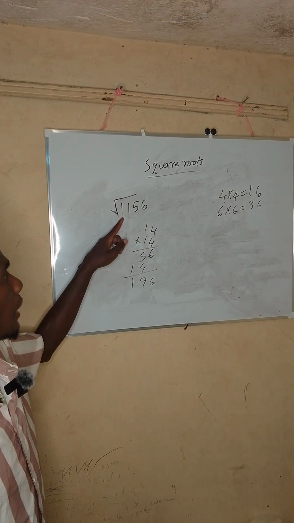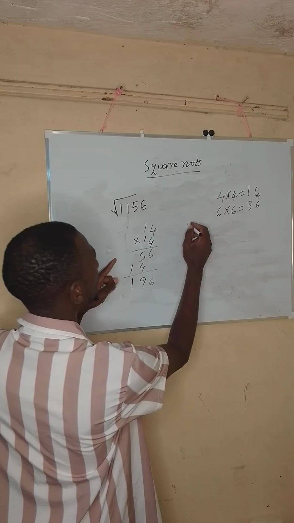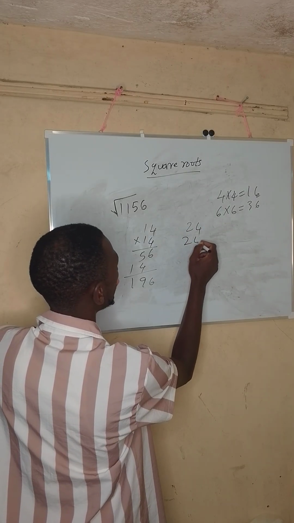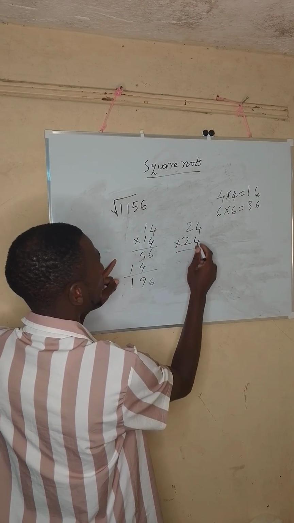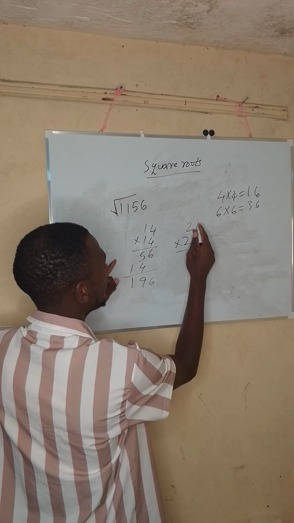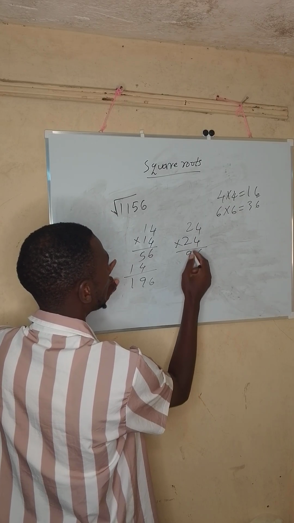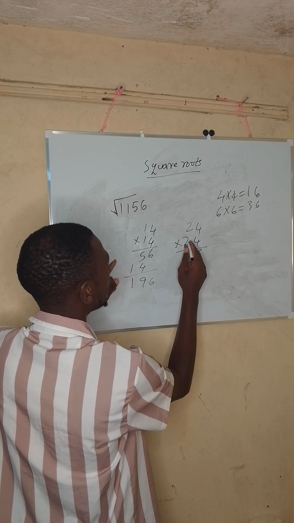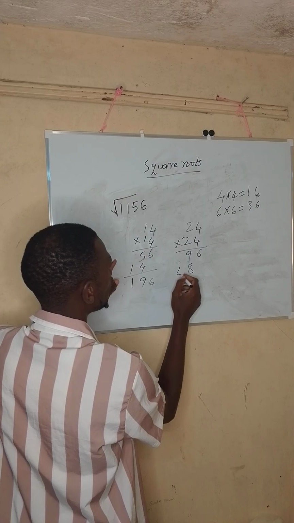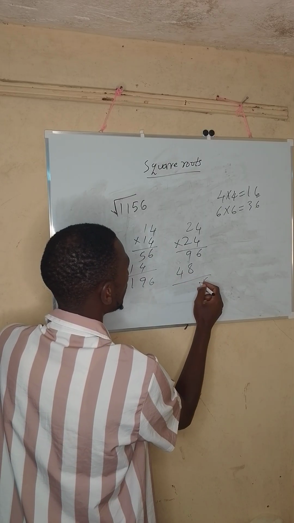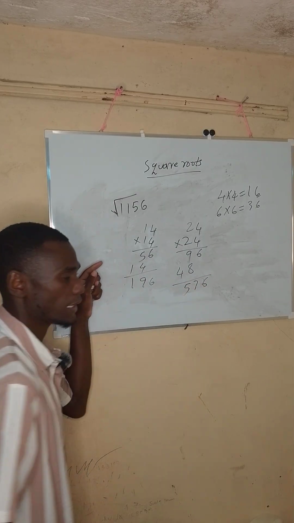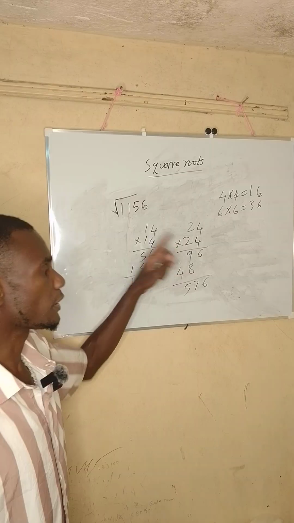But this thing is 1000. So let me go with 24 times 24. So 4 times 4 is 16. That is 8, 9. That is 8. And that is 4. So this one gives you 576. That is 24 by 24.